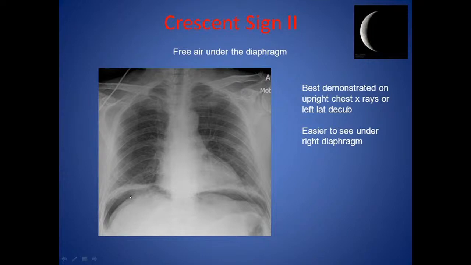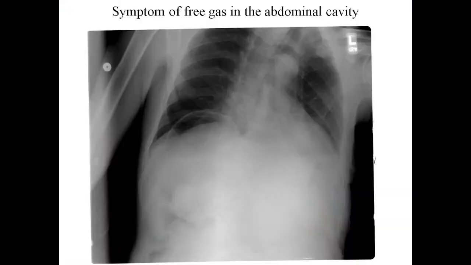These symptoms define that this patient has free air under the diaphragm. Here you can see two crescent signs, and this patient has free air under the diaphragm. These symptoms indicate that this patient has a rupture of the ulcer.